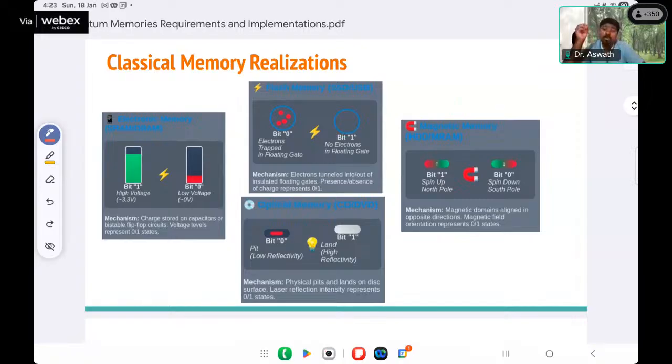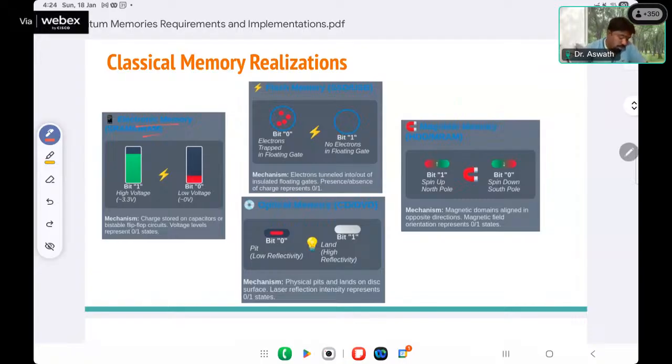One of the nodes I can dictate based on the voltage difference or current through the other two nodes. The third node's output voltage can be controlled between high and low. In that way, I can have classical memory.